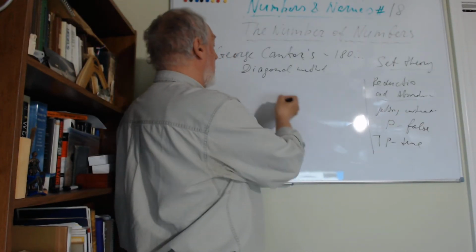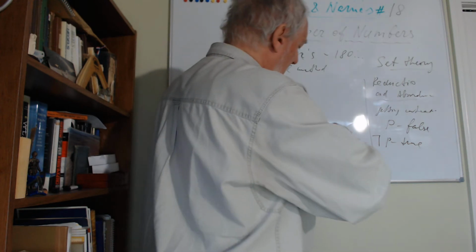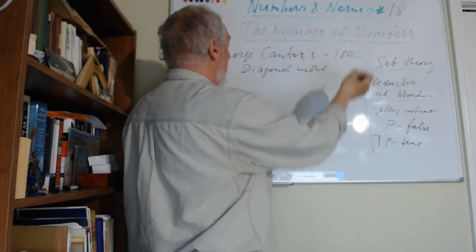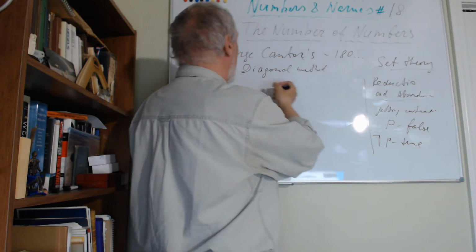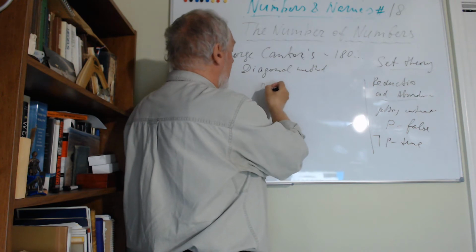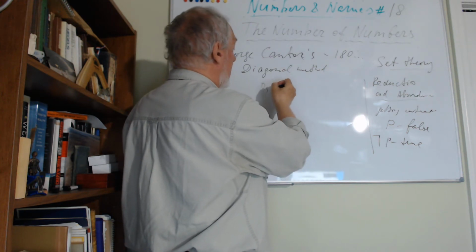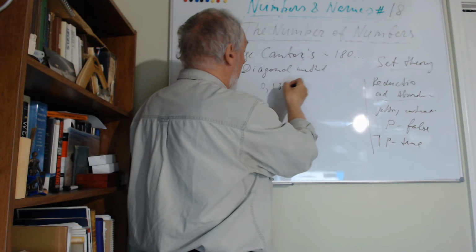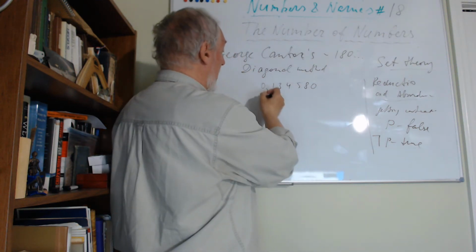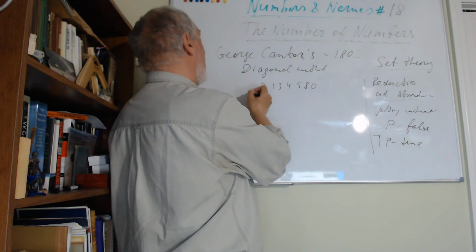So what did he actually think of? He wrote some irrational infinite numbers, starting with 0, for example. So 0, then 1, 3, 4, 5, 8, 0, whatever. This is the number 1.